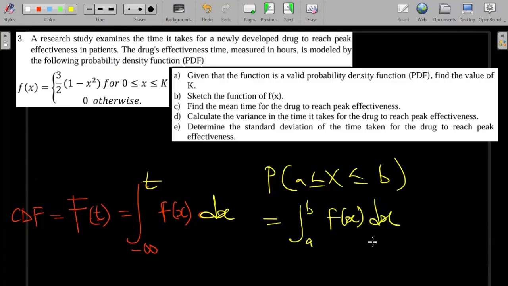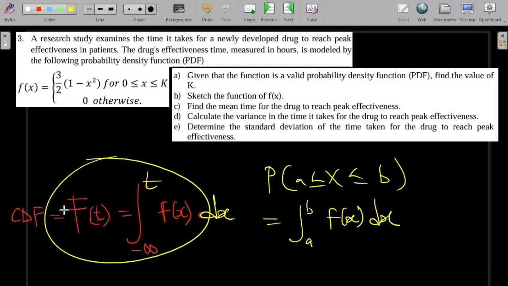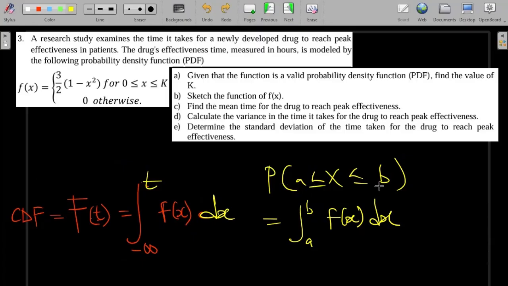If you don't want to use the integral, you can use the CDF. The probability that X is between A and B is the same as F of B minus F of A. Make sure you don't confuse these. This one is the CDF, so this F should be a capital F. And for the PDF, we use a small letter f.